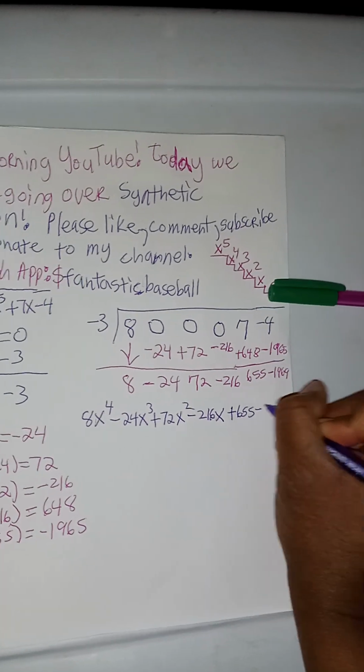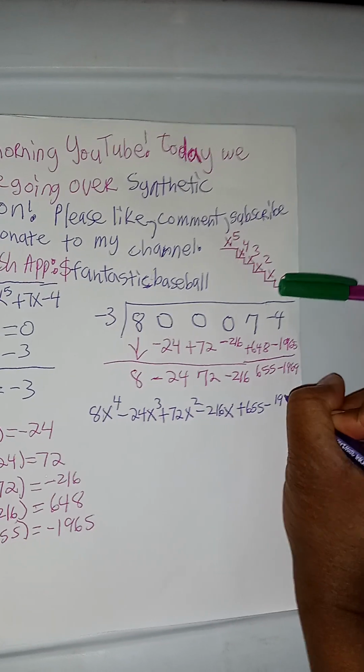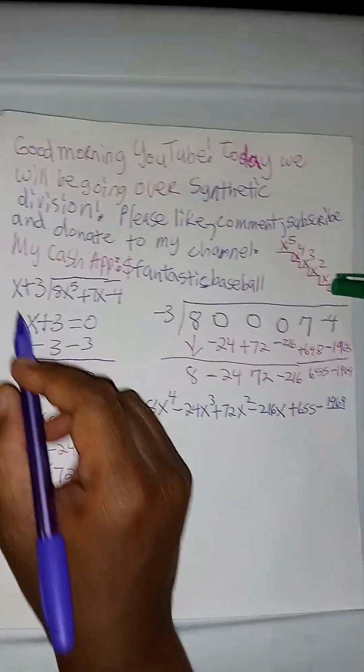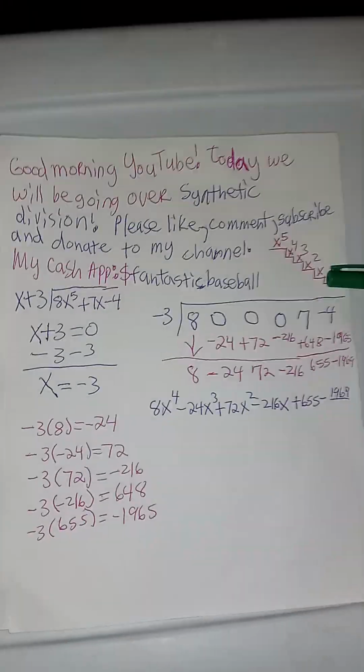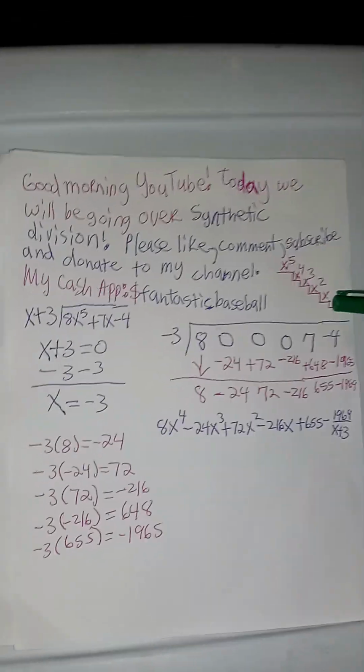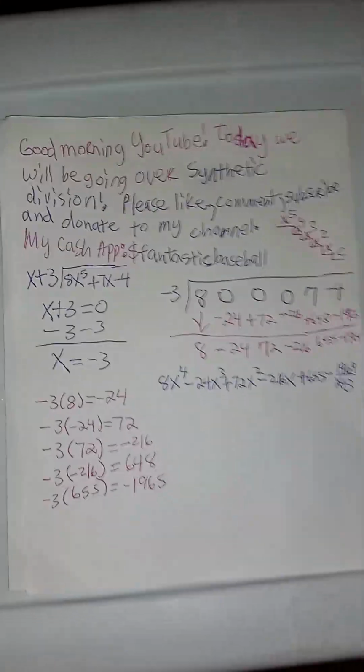So minus 1969 over the denominator of x plus 3. This is how we do synthetic division.